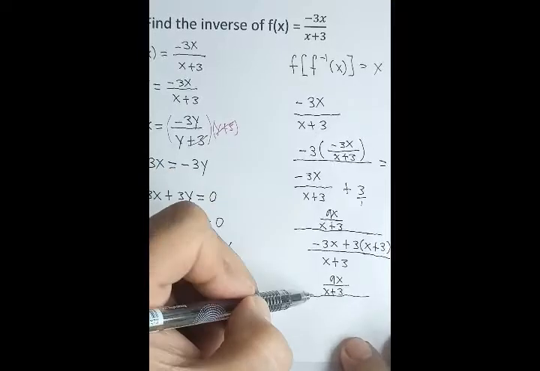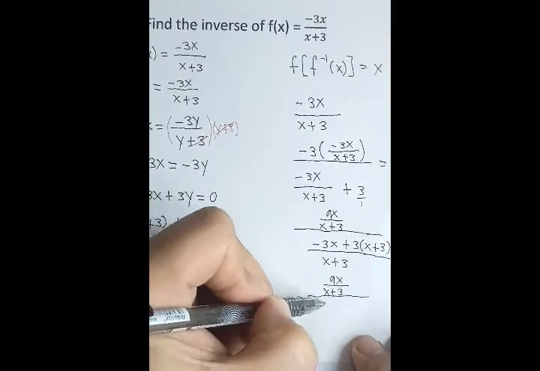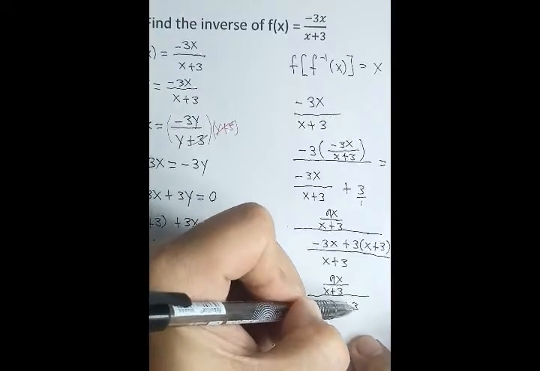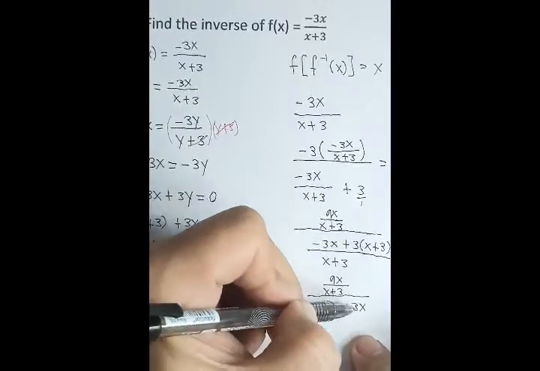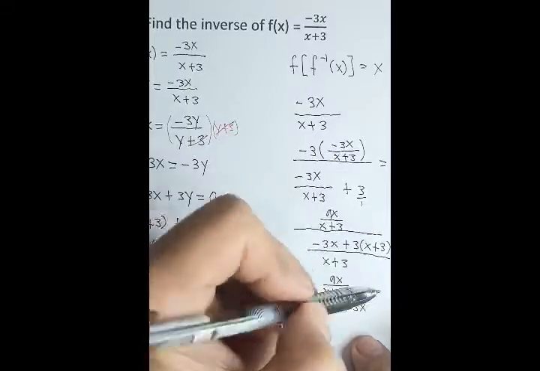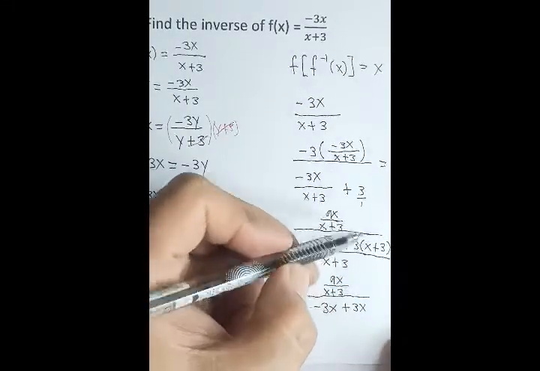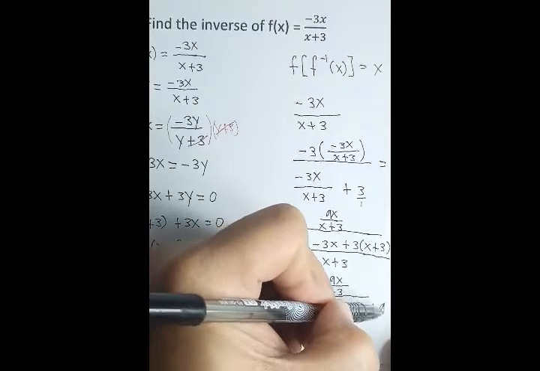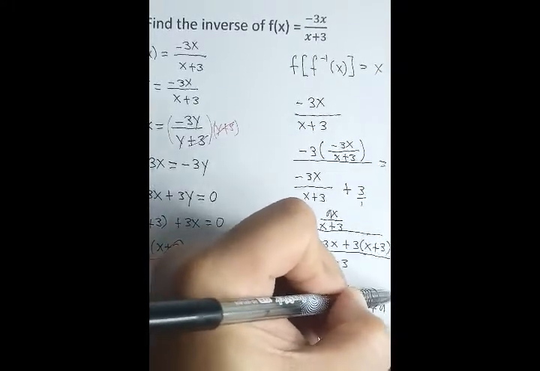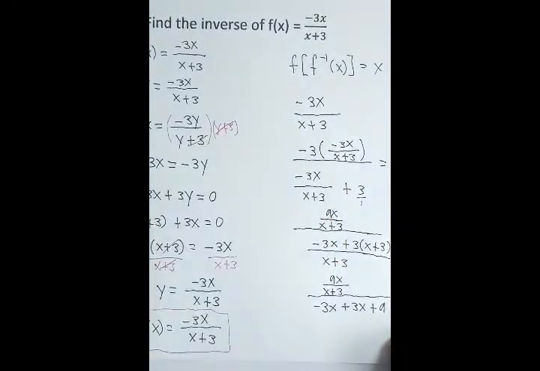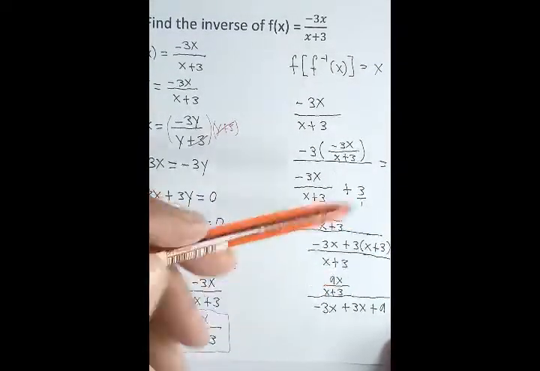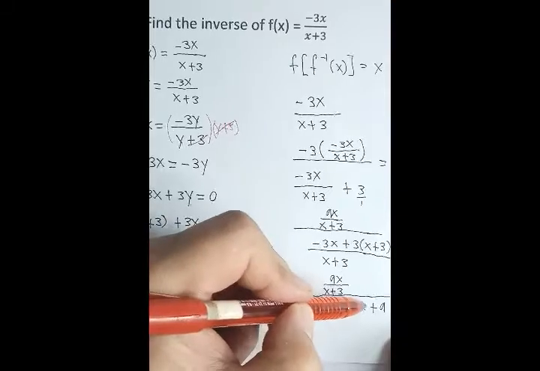Kari lang sa ubos, we have negative 3x plus 3x. 3 times x is 3x, and then 3 times 3 is 9. So plus 9 equals x. So minus 3x and 3x cancel out.